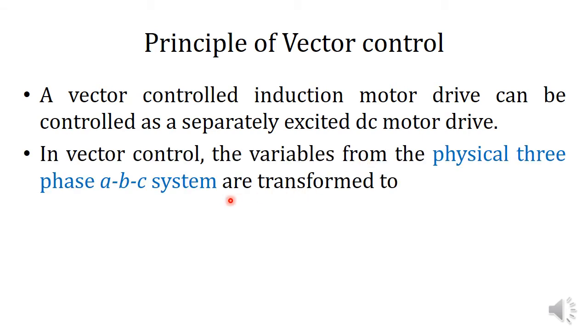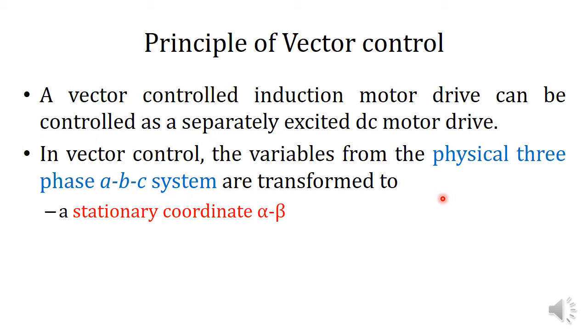So in vector control, the variables from the physical three-phase ABC system are transformed to a stationary coordinate alpha beta system. That means a stationary coordinate system with two components, one along alpha and other along beta, two axes. These are the two axes.